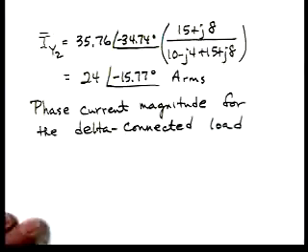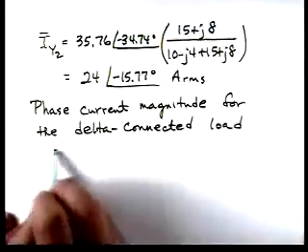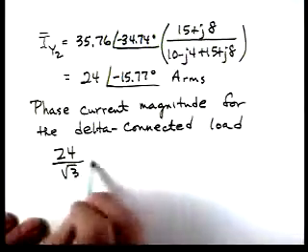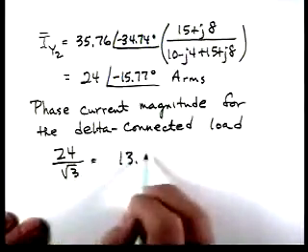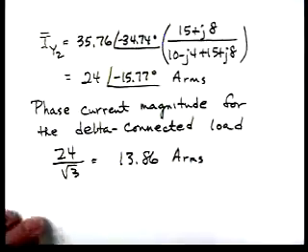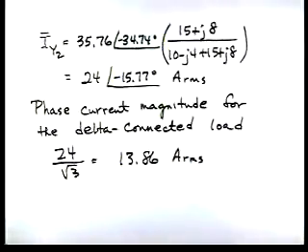If we remember, we take the magnitude of the line current for the delta load divided by the square root of 3, and we get the magnitude of the phase current for the delta load. So that's 13.86 amps RMS.